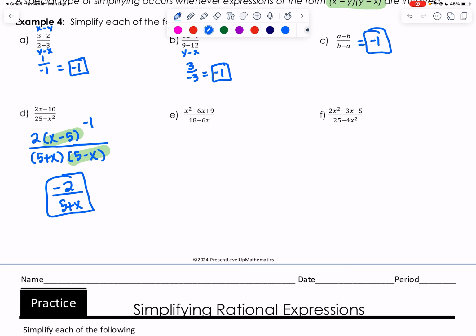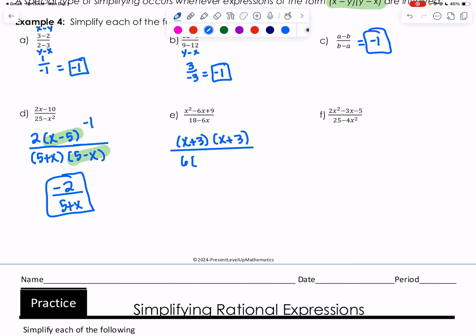Let's try another one like that. In problem E, we have x squared minus 6x plus 9 on the top, and on the bottom, we have 18 minus 6x. Now, I think we've already factored x squared minus 6x plus 9, and that was x minus 3 times x minus 3. On the bottom, we want to take out our common factor, which would be 6.